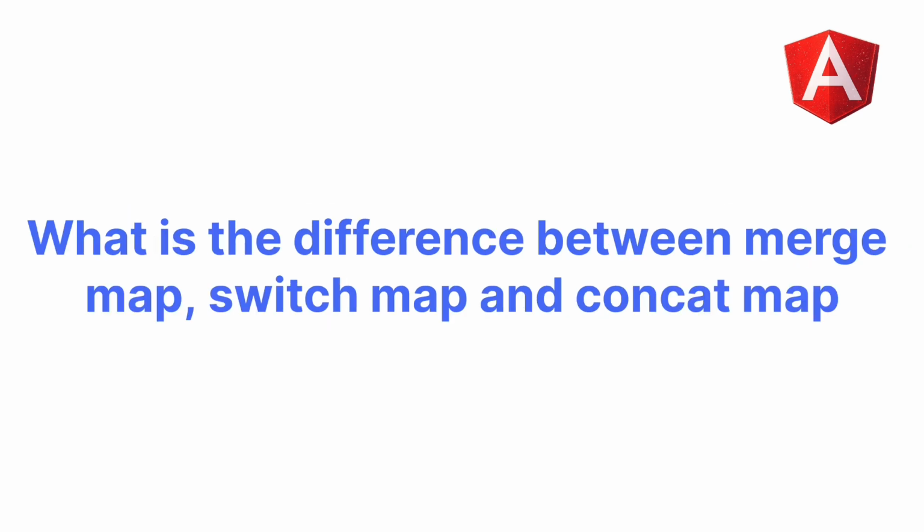In RxJS, what is the difference between mergeMap and switchMap? Actually, mergeMap will not wait for the previous subscription to be completed. It will call as they come in. switchMap, for example, we implemented a search functionality in our application.